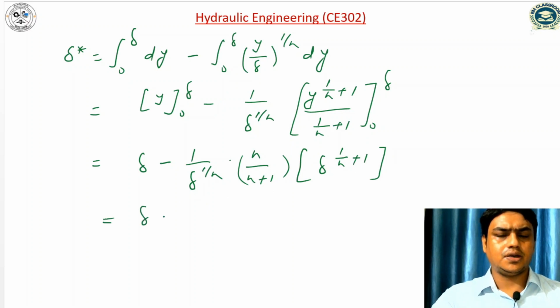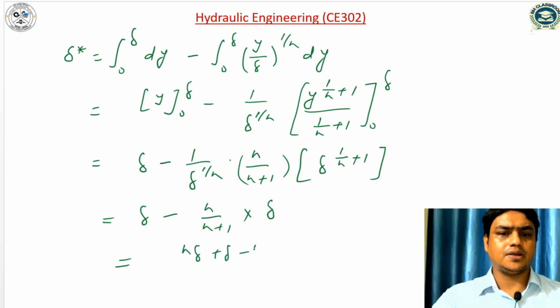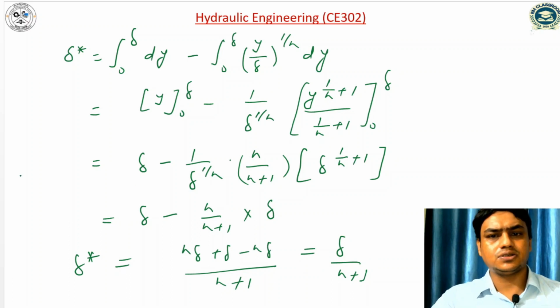So we can write delta minus n by n plus 1 into delta to the power 1 by n into delta. Delta to the power 1 by n cancels, so it is delta. So n delta plus delta minus n delta, divided by n plus 1. The value is delta by n plus 1. So the displacement thickness is delta by n plus 1.